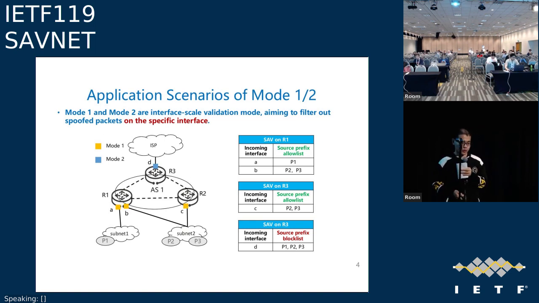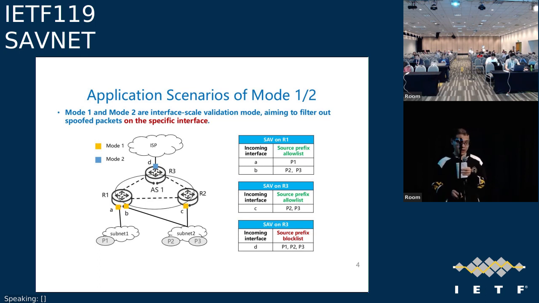This figure shows how to apply mode 1 or mode 2 on the interface. Subnet 1 has only one prefix P1. That means the valid packets from subnet 1 have only one source prefix P1.